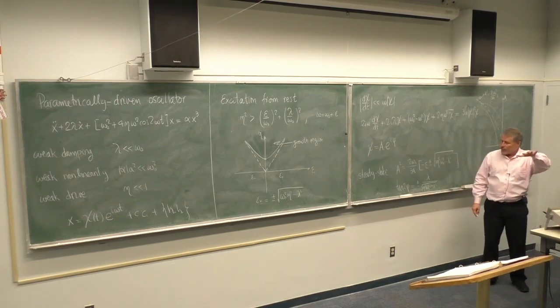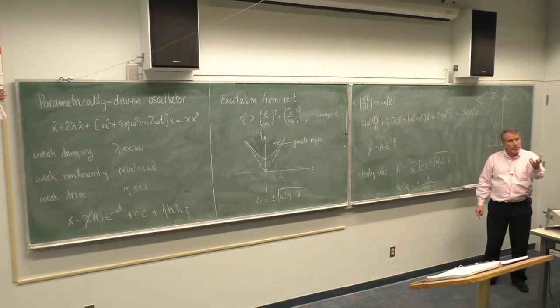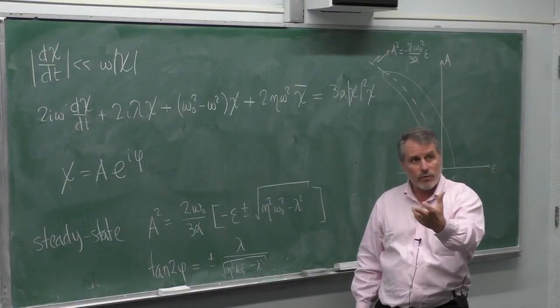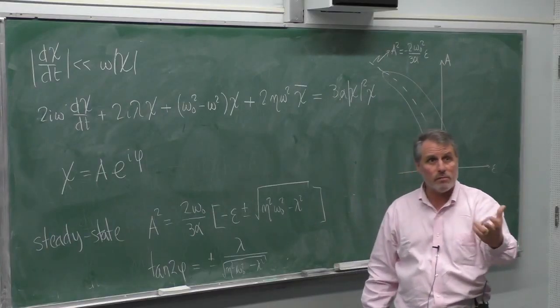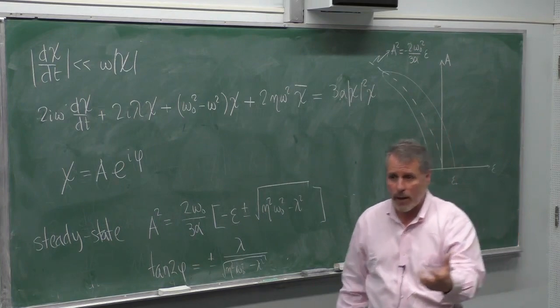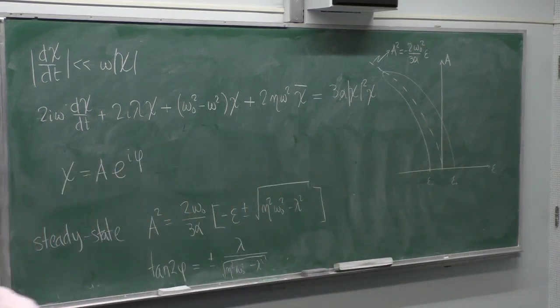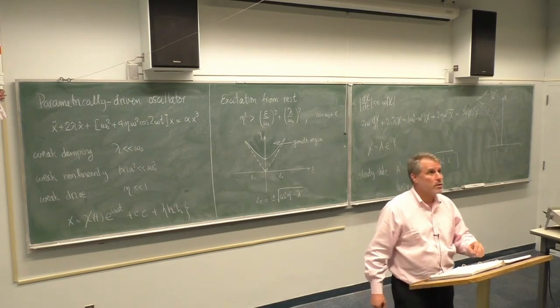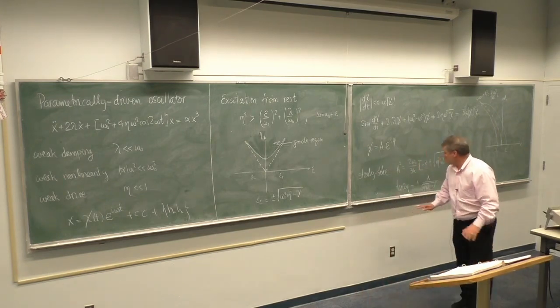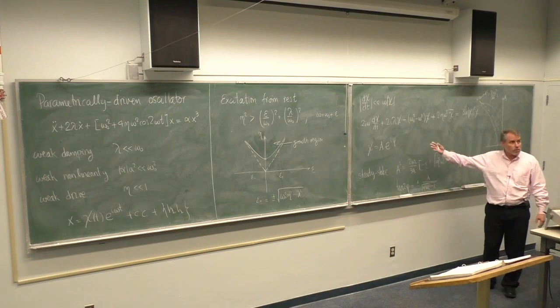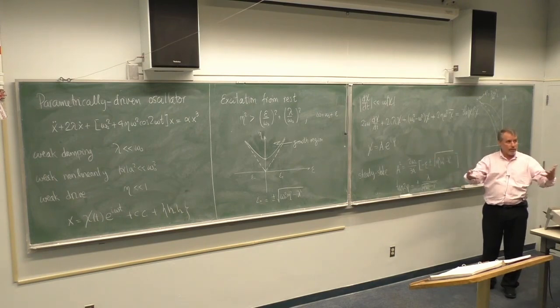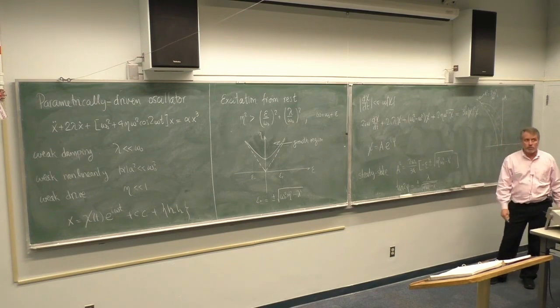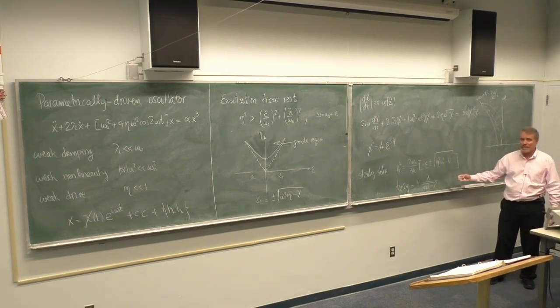From the amplitude equation we find the solution for sine of 2 phi. It's very simple: sine of 2 phi is simply the ratio of lambda to eta omega naught. Then substitute that into the equation for the phase and find cosine of 2 phi that way. And then we can get an expression for the amplitude. So this gives us the steady state solution.